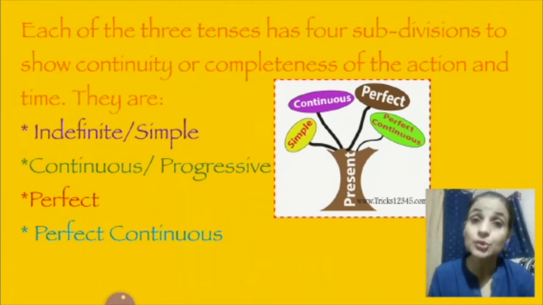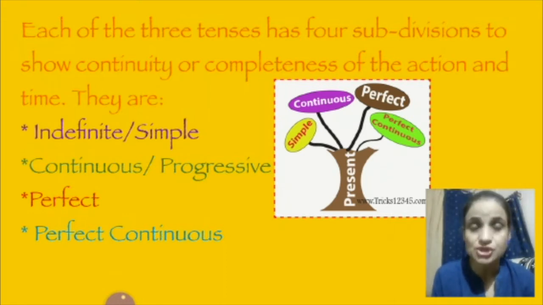Now, each of these tenses has been further subdivided into four different types to show the continuity or the completeness of the action. And what are they? They are indefinite, or you can call it simple, continuous or progressive, perfect, and perfect continuous. These four kinds go with each of the three tenses: present, past, and future.